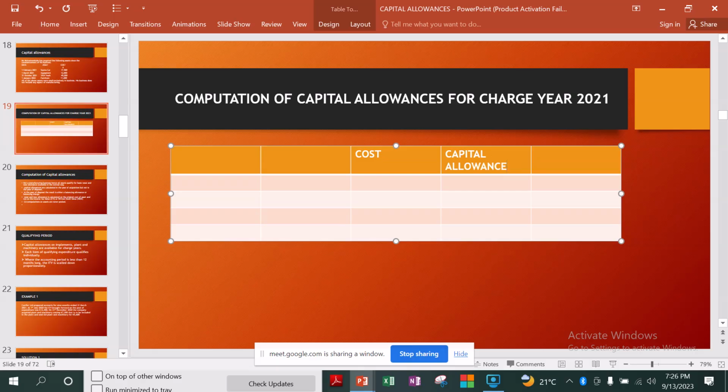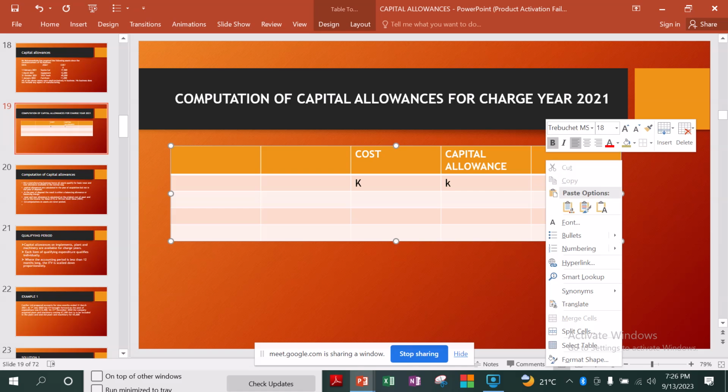Cost and capital allowance. We have put the kwacha symbol there. You can remove this excess.